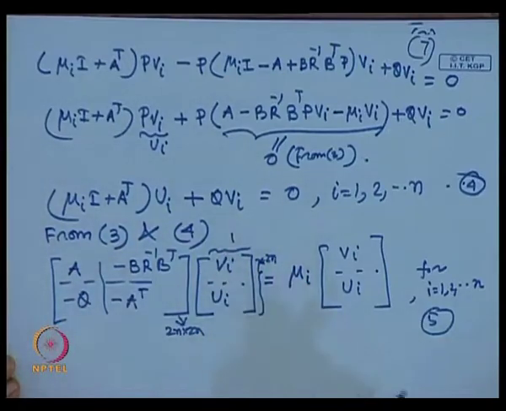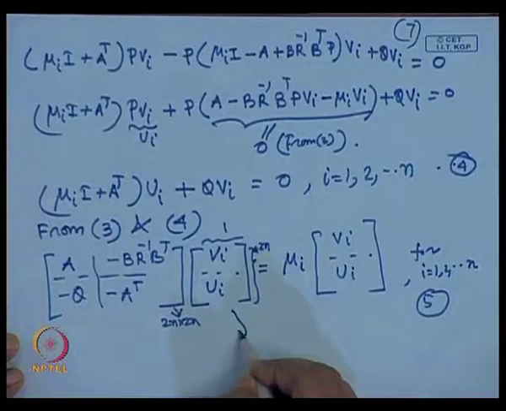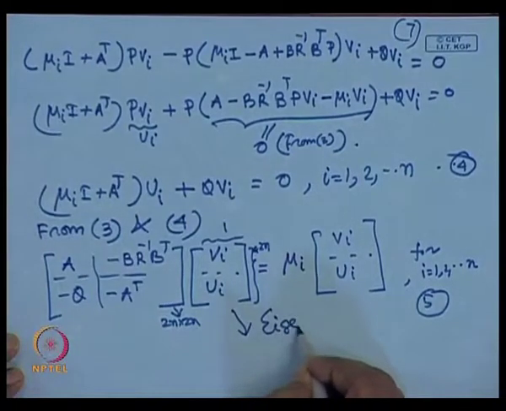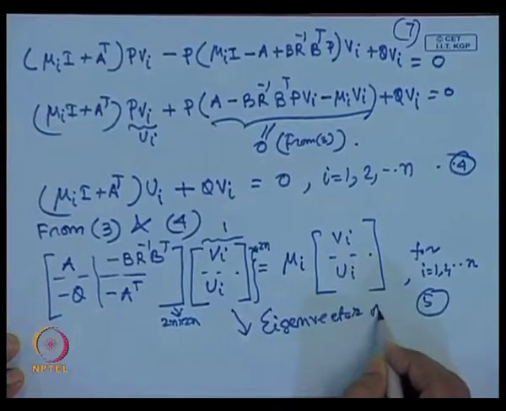Agree? This is the Hamiltonian. That is what I told you earlier also. You find the eigenvectors of the Hamiltonian matrix corresponding to the stable eigenvalues of H m, the Hamiltonian matrix, and then you can find the solution of the algebraic Riccati equation. This, you can write, is an eigenvector of H m.